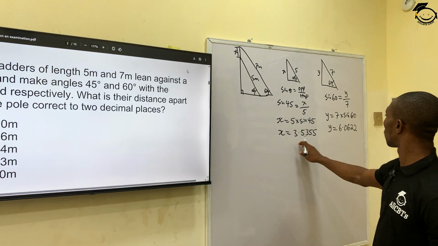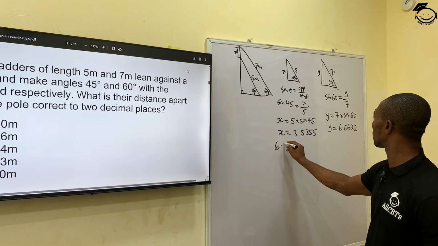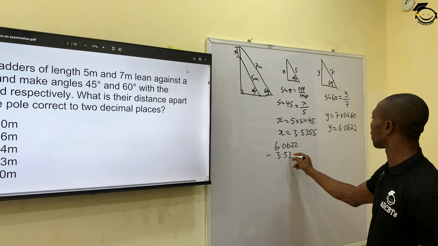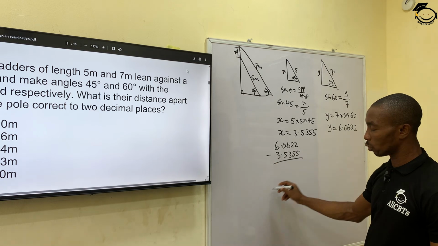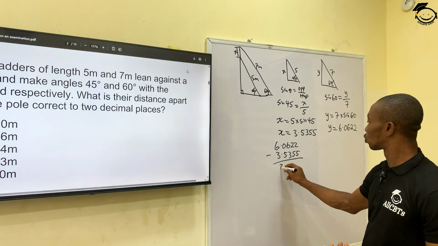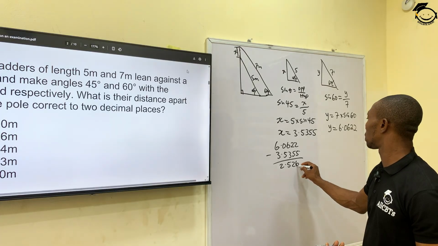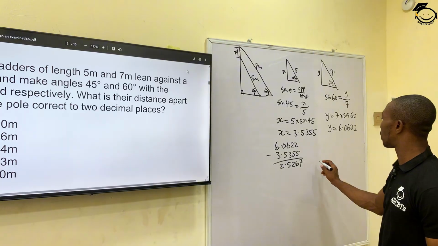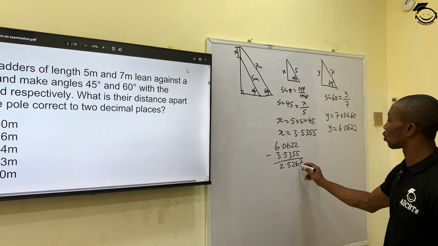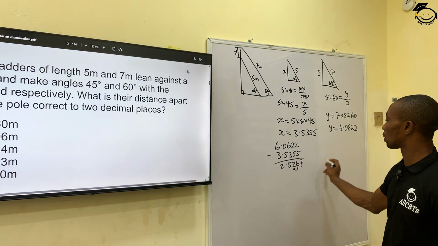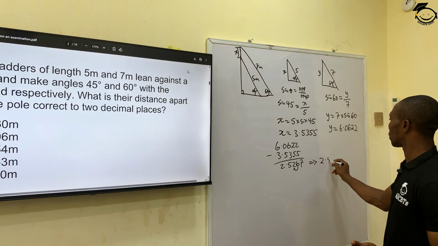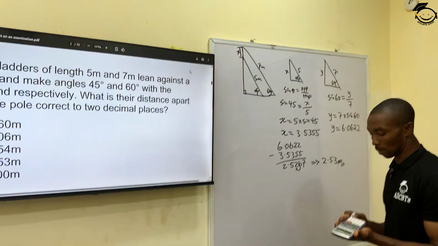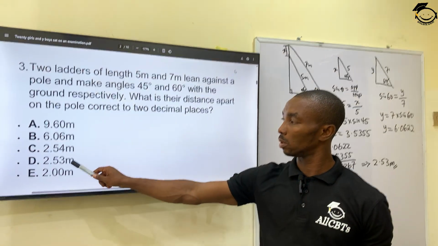Alright, so we are going to have this as 6.0622 minus 3.5355, which will give us 2.5267. They said to correct to 2 decimal places, so we round this to 2.53 meters. That's the 2 decimal place, which is option D.